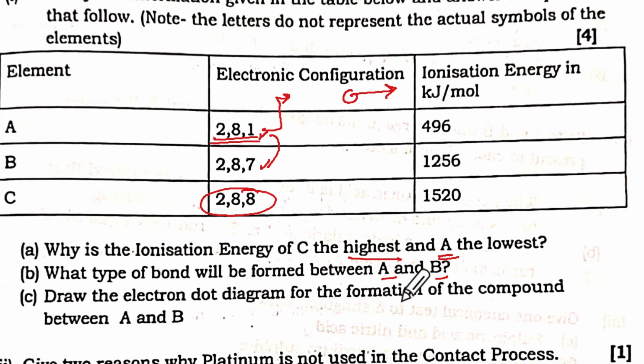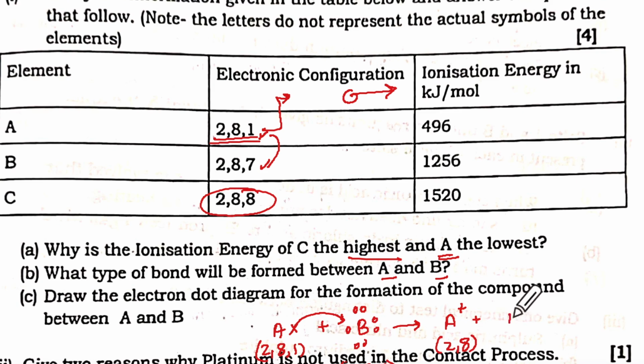Draw electron dot diagram for this. You can do that. A is going to be like this and B is going to be 1, 2, 3, 4, 5, 6 and 7, and this electron will be given here. That will give me A as this. I'll write as 2, 8, 1 will become 2, 8. So it will become a cation, plus B is 2, 8, 7.